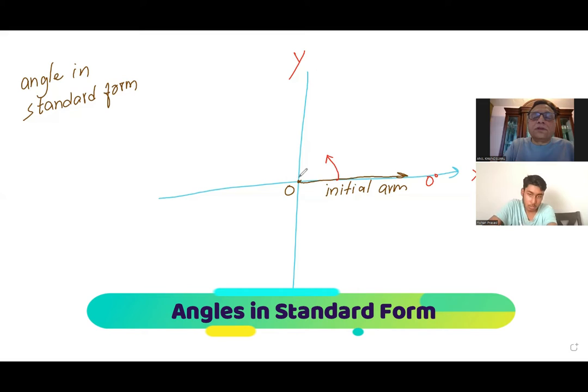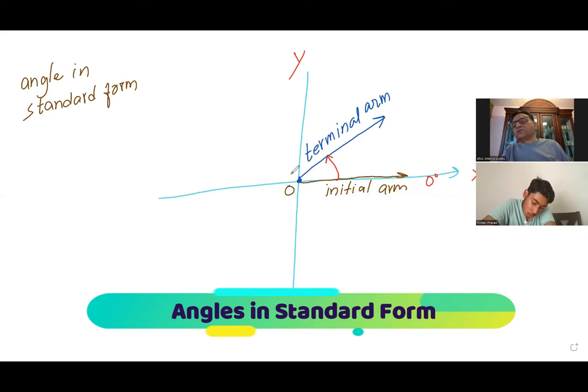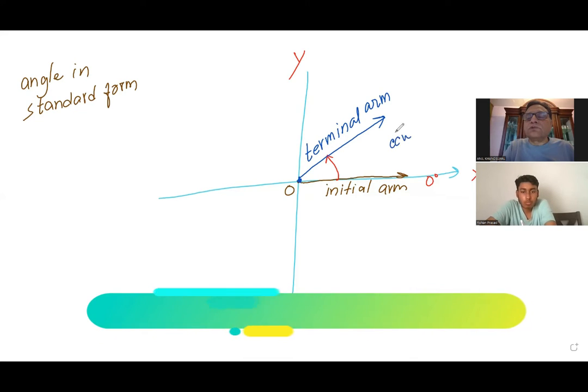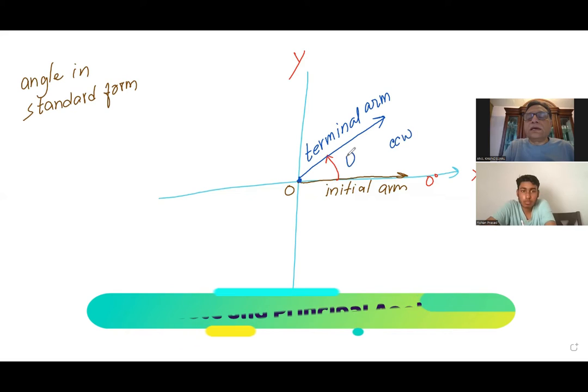And let me draw the other arm. Okay, so let's say this is the other arm. We call this arm the terminal arm. They have the common point, which is called the vertex. And this movement, which is counterclockwise, right? Counterclockwise movement gives you an angle theta. And this angle is called the principal angle.